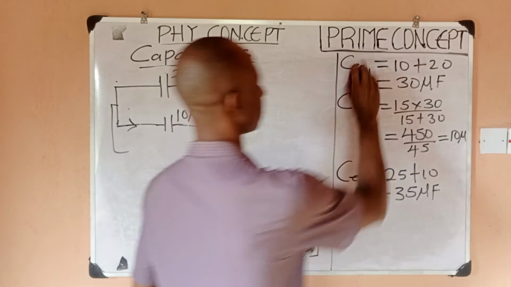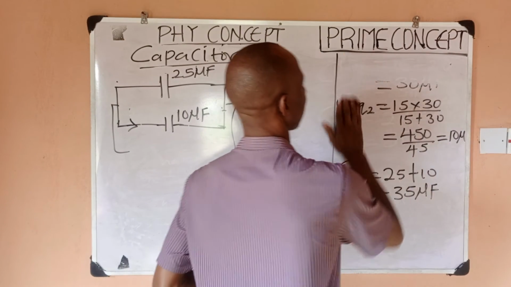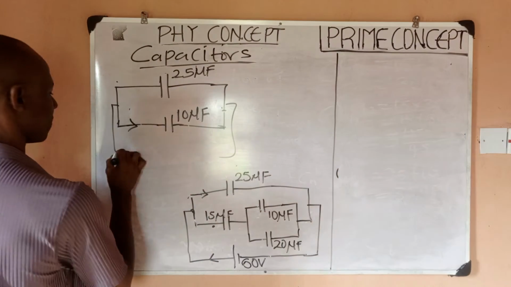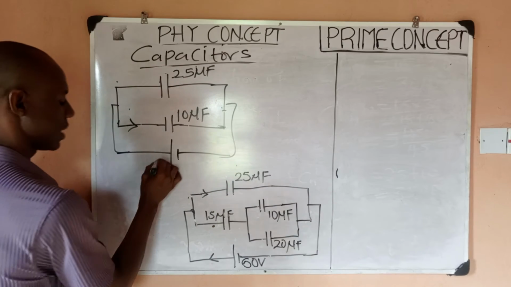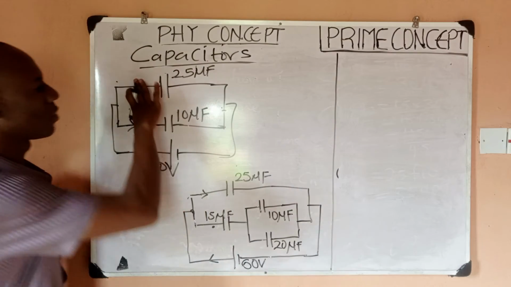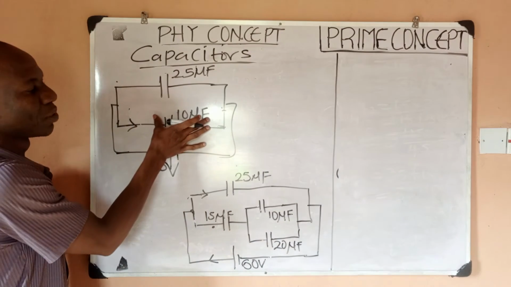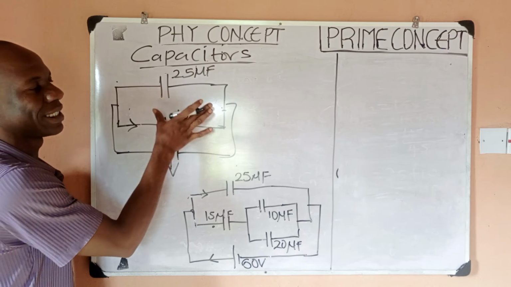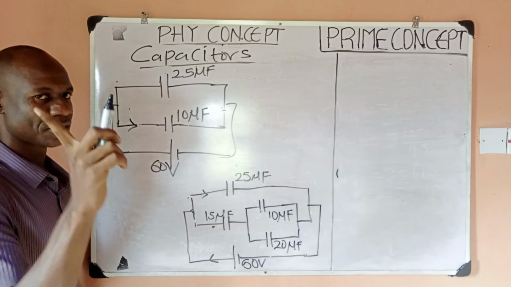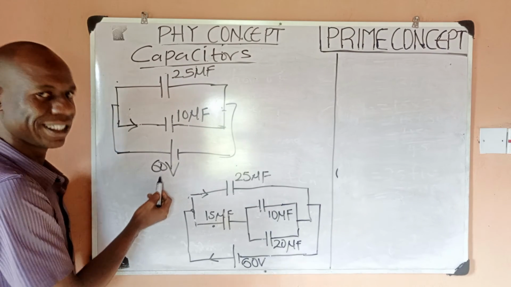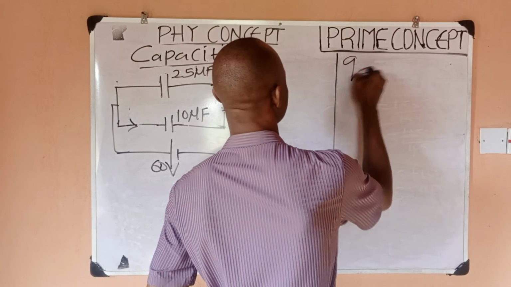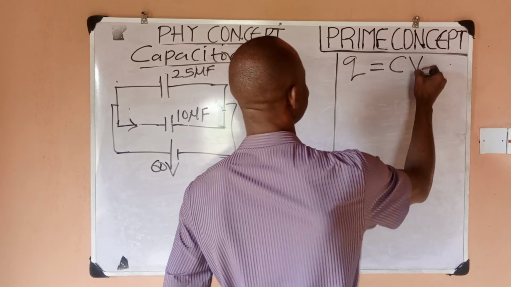So we have this is our 60 volts. If you recall, for parallel arrangement, the potential difference or the voltage is the same. So what is the voltage across this 10 microfarad? You are very correct. The voltage is 60. Now what is the formula you would recall for capacitance? You will recall that Q is equal to CV.